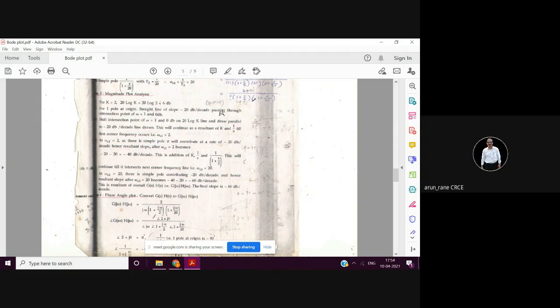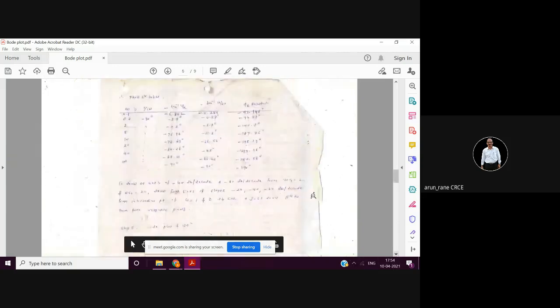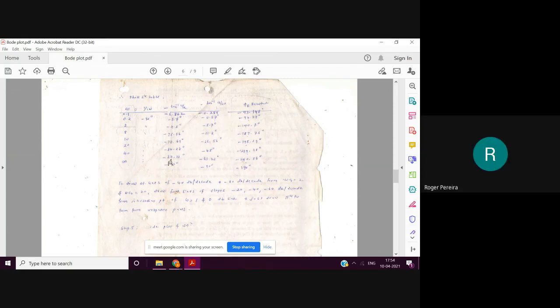So phi is tan inverse of 0, which is 0, minus tan inverse of infinity, which is 90, so 0 minus 90, minus tan inverse of omega by 2, minus tan inverse of omega by 20, correct? For convenience it has been written in tabular form. Phi resultant means the addition of all this.